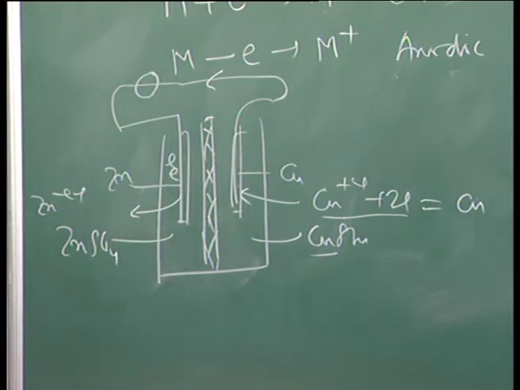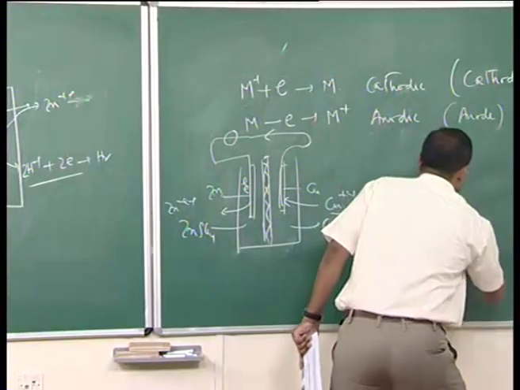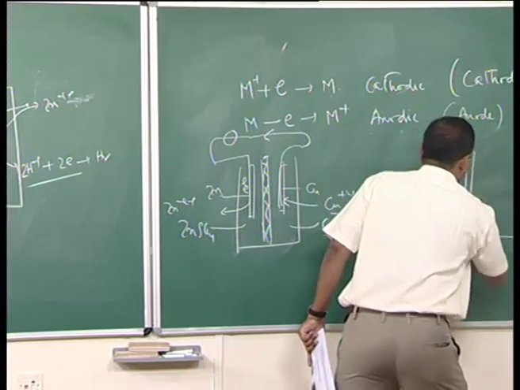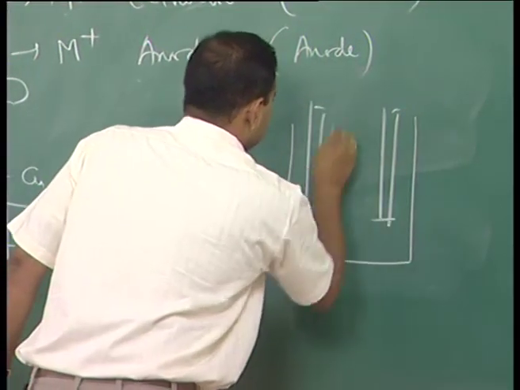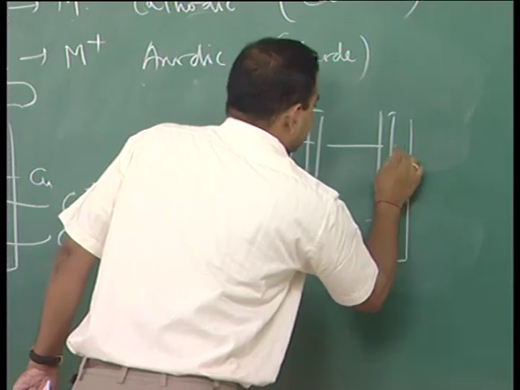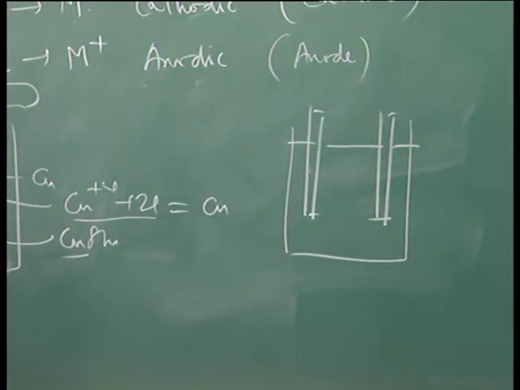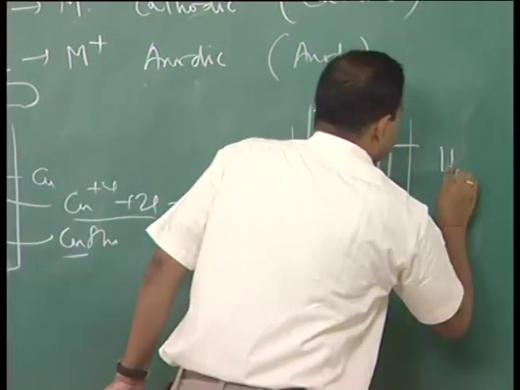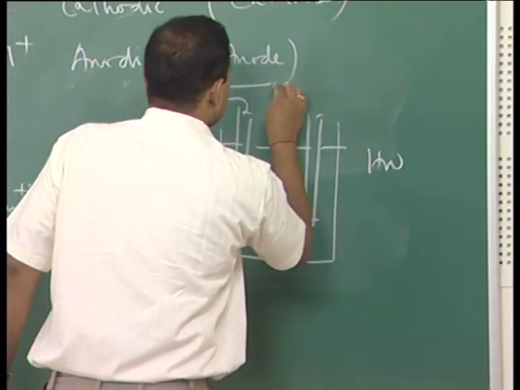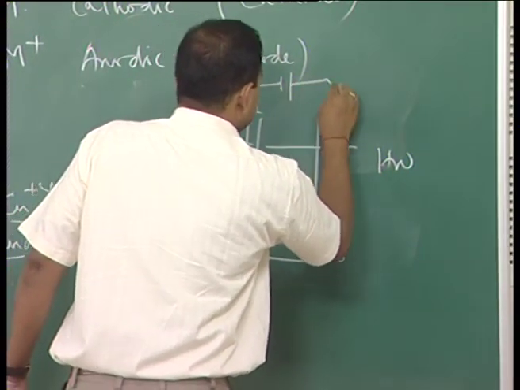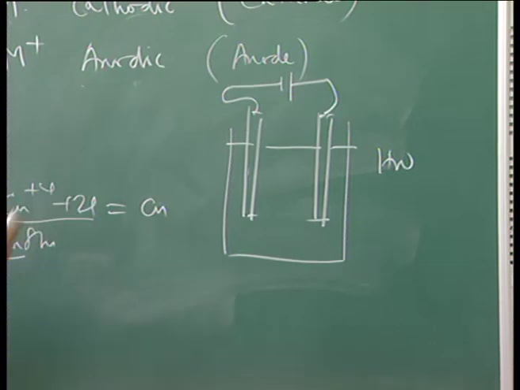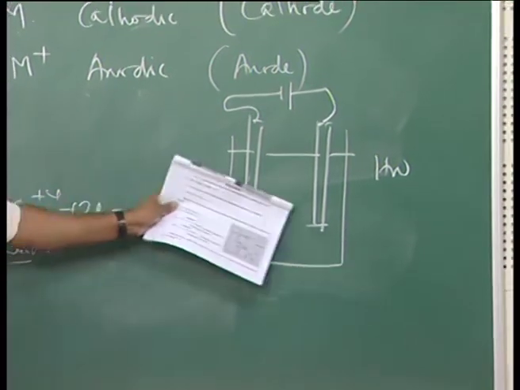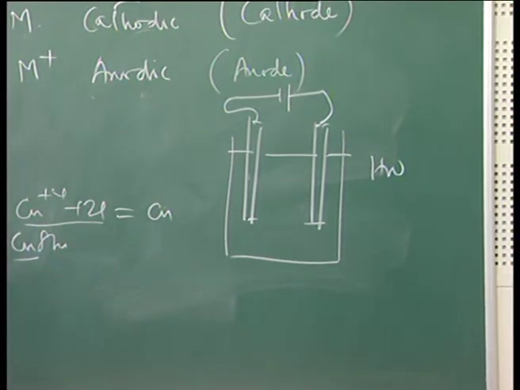This is perfectly fine. Now let us see what happens if you have a system with 2 electrodes, where you are electrolyzing H2O. When you electrolyze H2O, you send electrical energy and then you get a chemical reaction.